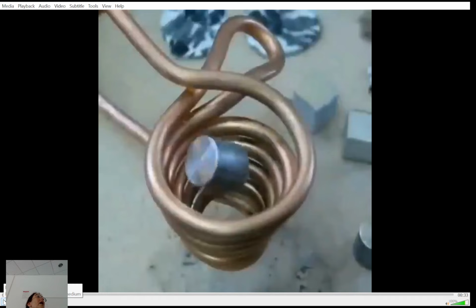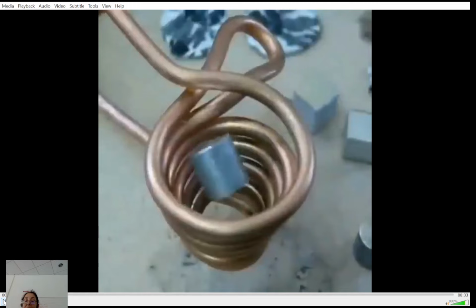It's gone. So what's happening to a piece of metal when you heat it up? Yeah, it's going to melt.